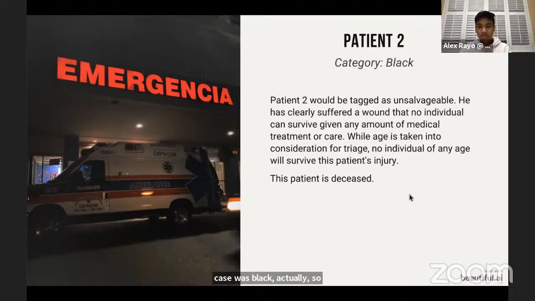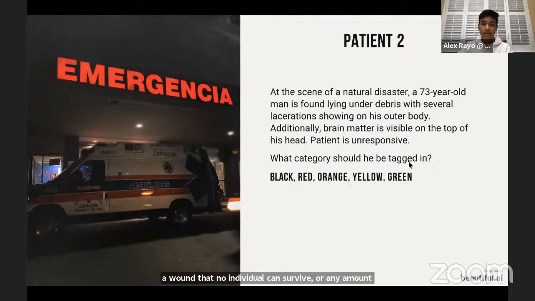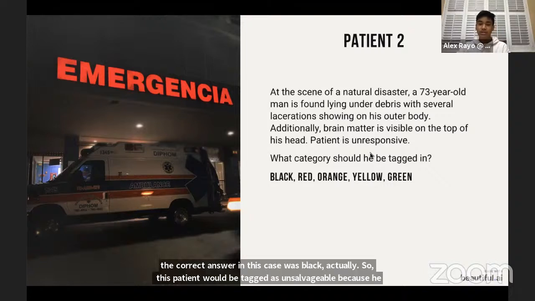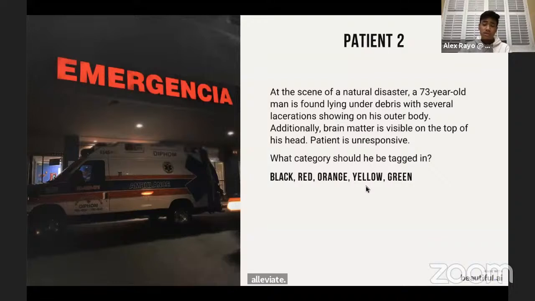So this patient would be tagged as unsalvageable because he has clearly suffered a wound that no individual can survive or that no amount of medical treatment or care can alleviate. If we go back, there is brain matter visible on the top of his head, which leads us to believe that there's some type of skull fracture or open wound in his skull that has contributed to his unresponsiveness.